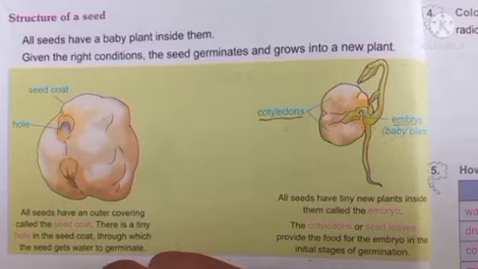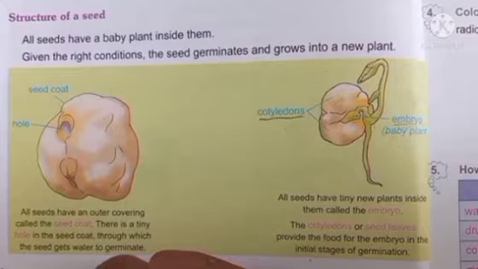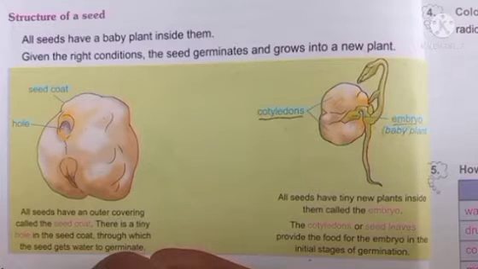Then beetroot, you can see beetroot also gets the baby plant. Even coconut.